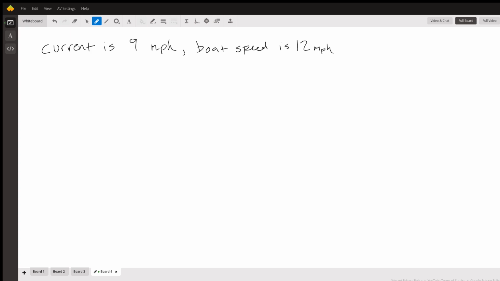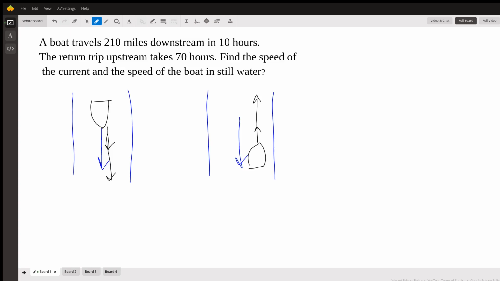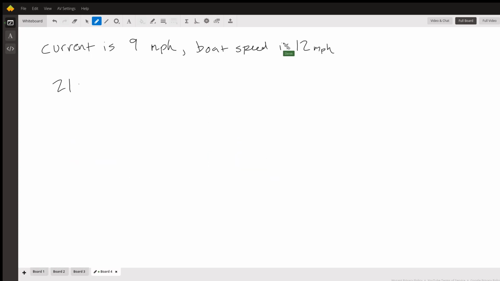So I've got a speed of 21 miles per hour. So if I take that rate, 21 miles per hour, and multiply it by, what was it, 10 hours? Then I should get my distance. Remember, distance is rate times time. So my distance is going to be 21 times 10, which is 210 miles like I expected.